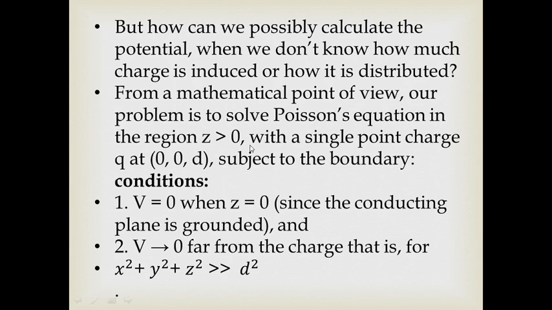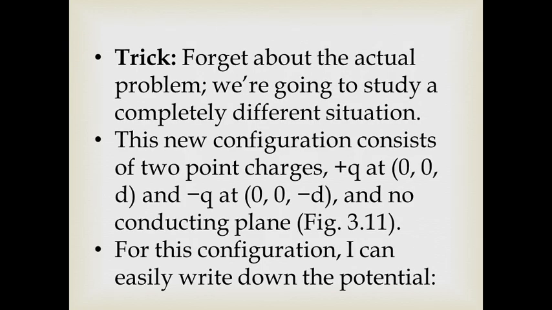So we will use some trick or clever guess. If we find the potential in that region of interest, and it satisfies Poisson's equation and has the correct value of potential at the boundary, then that solution must be right. So we are going to utilize that by using some tricks.